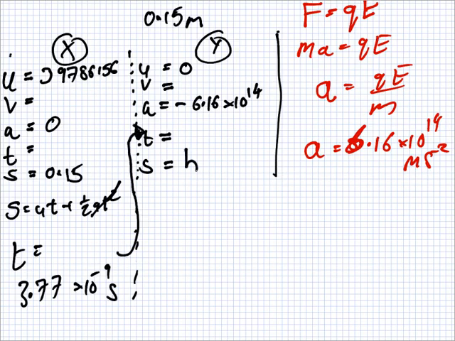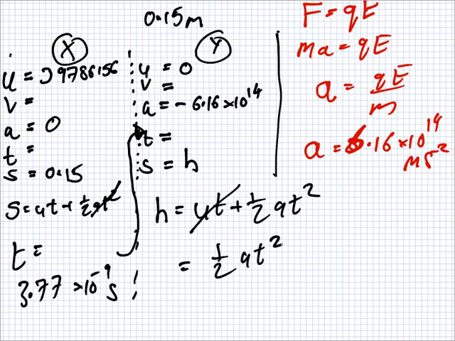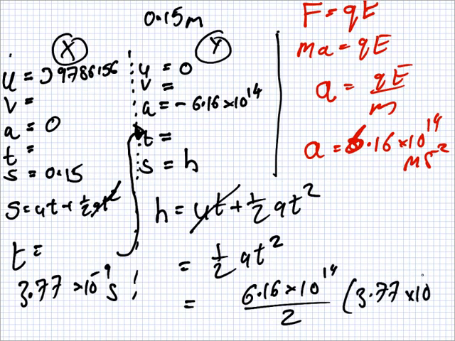How can I get the s? Same deal. ut plus a half at squared. But what's the u? 0. So it's a half at squared. So that would be 6.16 times 10 to the 14 over 2 multiplied by my t squared.